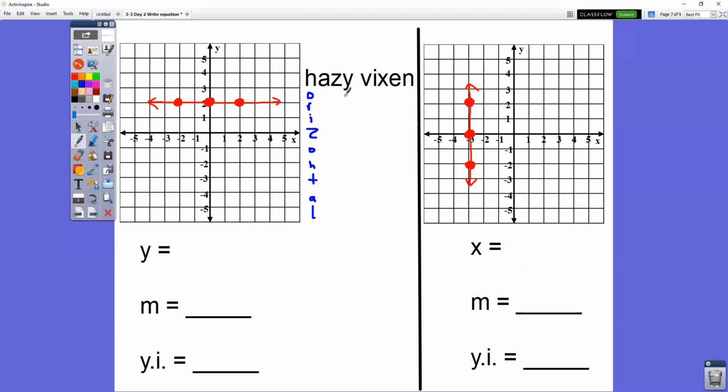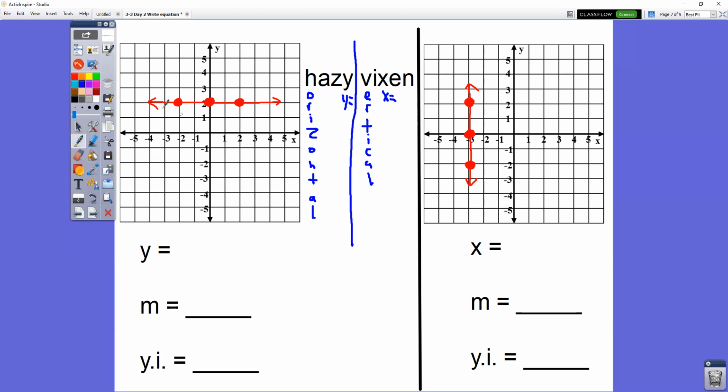And the Y stands for the y equals. For Vixen, the V stands for vertical, so this is when you have a vertical line. And the X is for your x equals. So you need to remember hazy Vixen, all right?